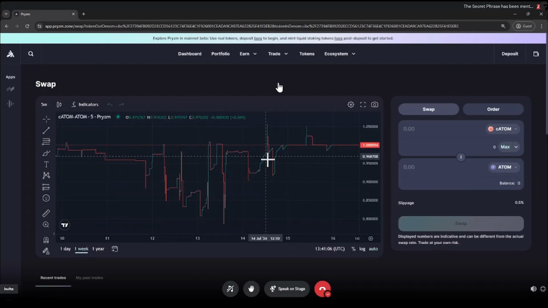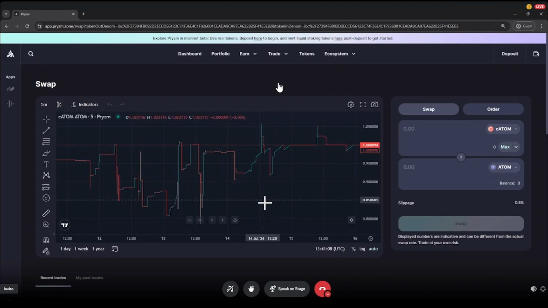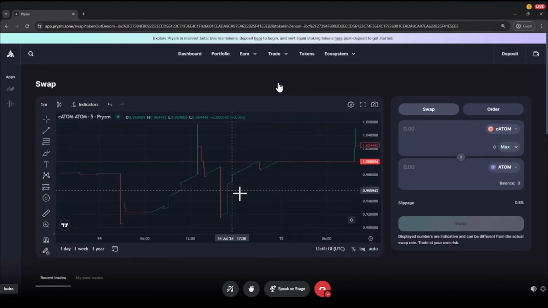Now, what you can see here in the chart is someone, me, just to show for this example, set up a pulse trade. And what the pulse trade said was, okay, cATOM is trading super cheap versus ATOM. So anytime cATOM is trading really cheap, let's swap some ATOM and buy some cATOM.